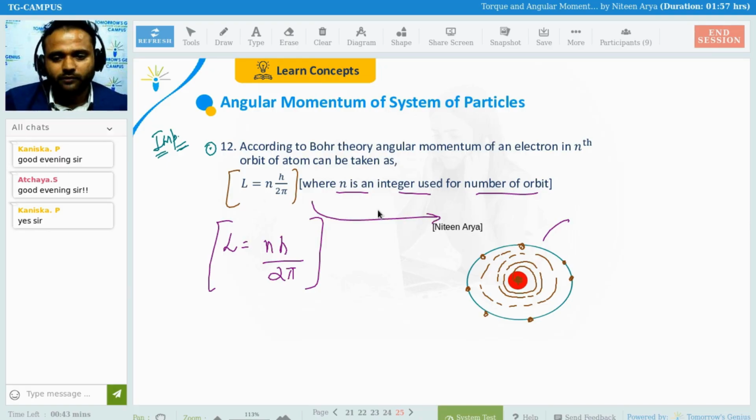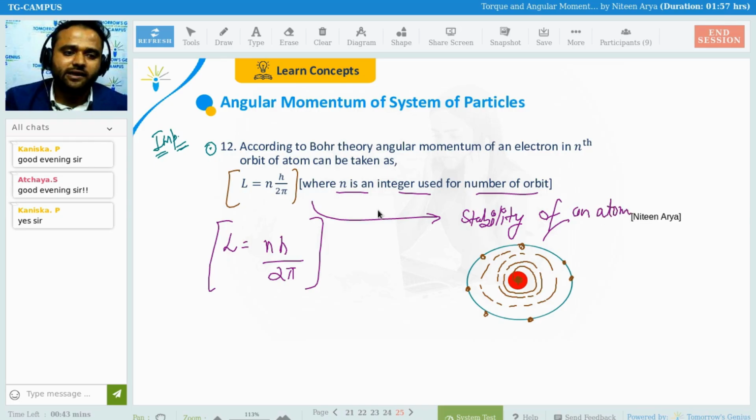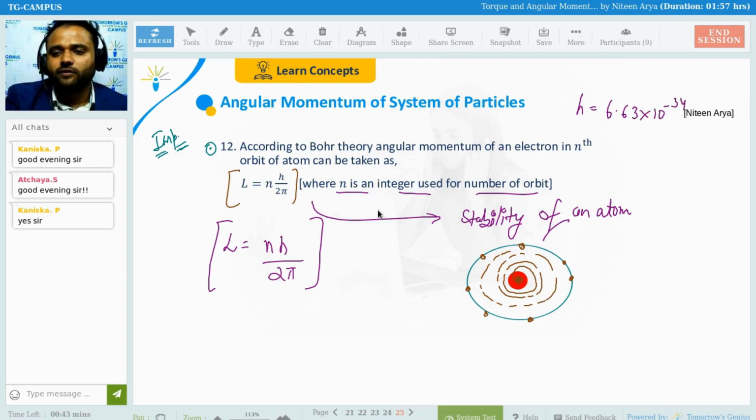Okay, so this is very important when we're going to learn again the atom chapter. So this gives us stability of an atom. Okay, where n is an integer, h is Planck's constant, 6.63 × 10 to the power minus 34 joule-second.